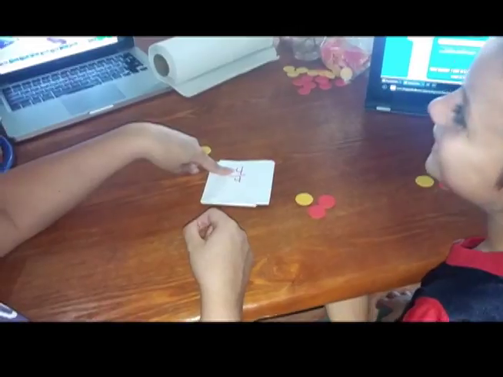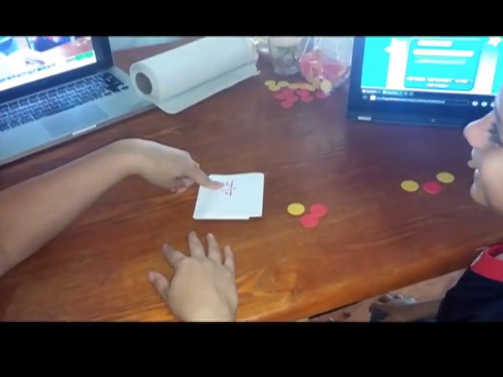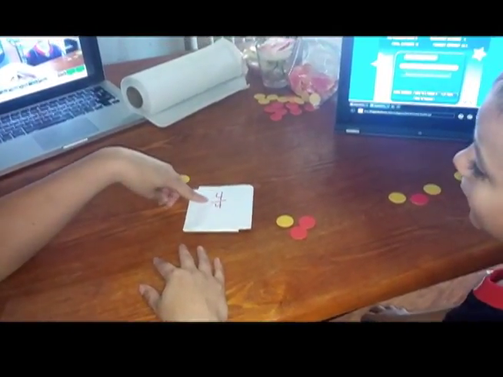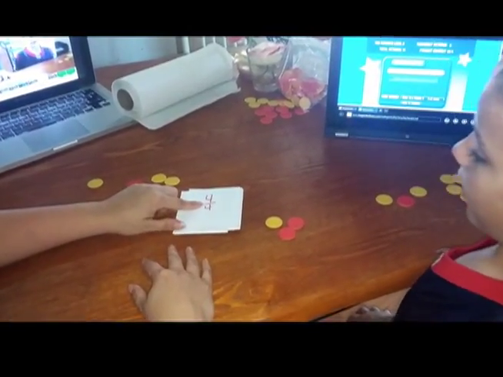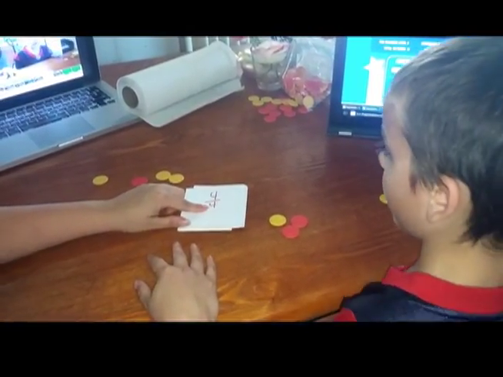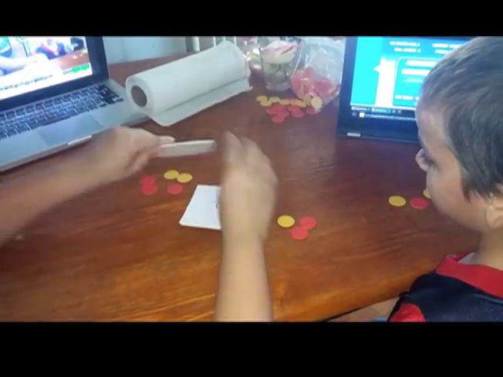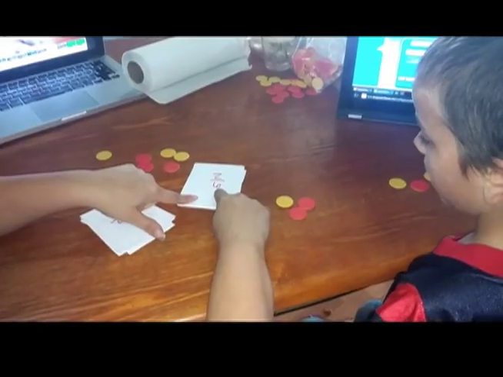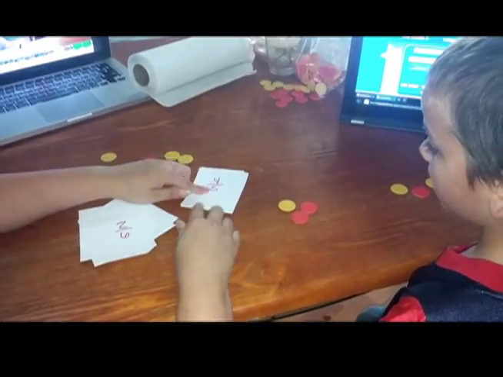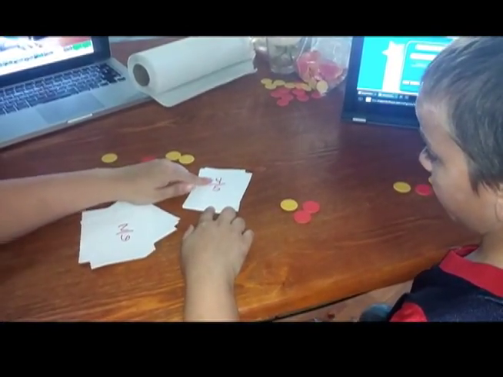You're close. Just say it. Numerator. Fraction line, denominator. All right. Numerator, fraction line, denominator. Denominator, fraction line, numerator.